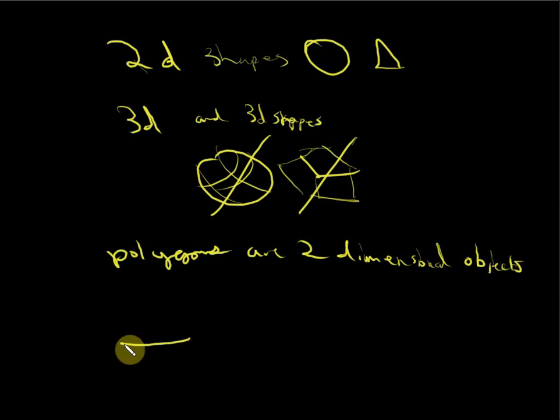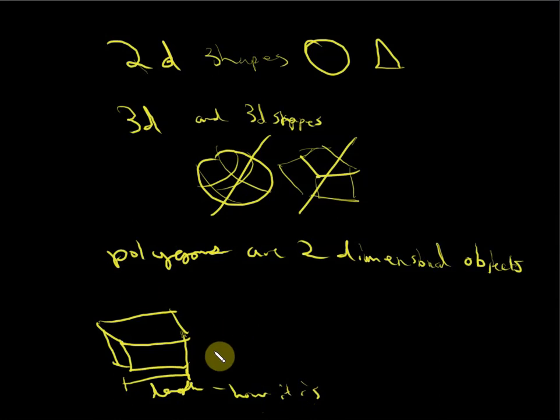So let me draw a 3D object. With a 3D object, we have the length, which is how long it is, the height, which is how tall it is, and then this little area right here, and that is the width, how wide it is.